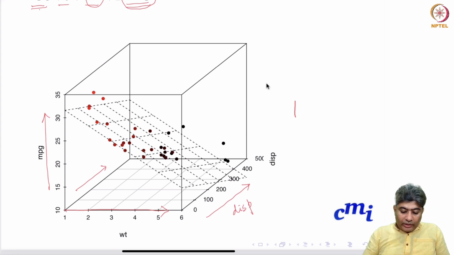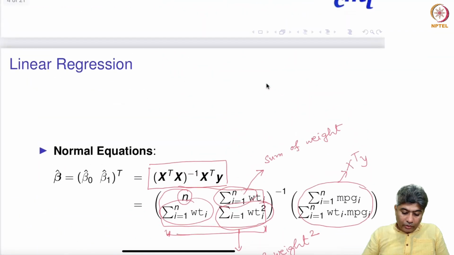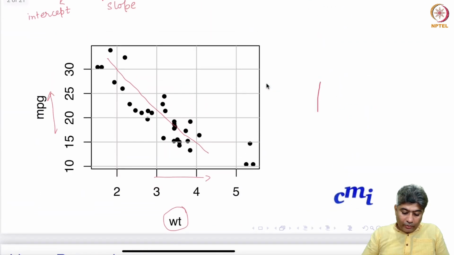So the points which were previously in 2 dimensions, you see these are the points.